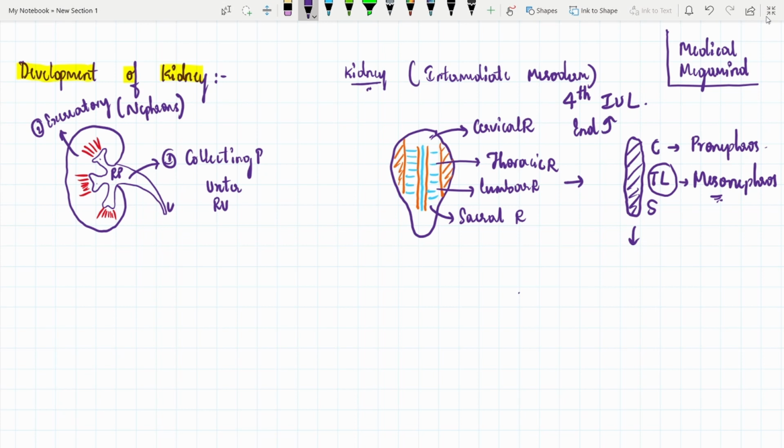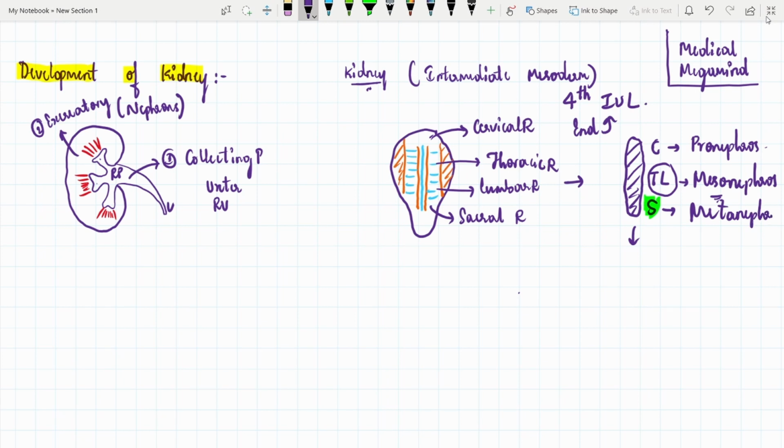Then the final part of the intermediate mesoderm that is going to persist in adult life is the sacral part, right? The sacral part is also called metanephros.